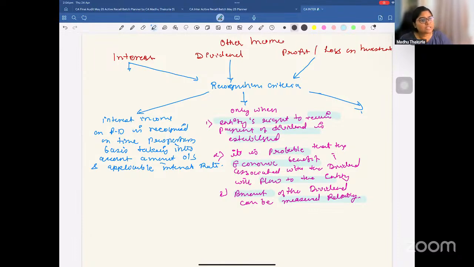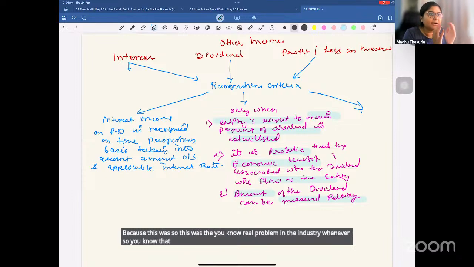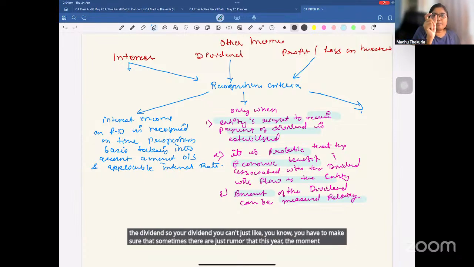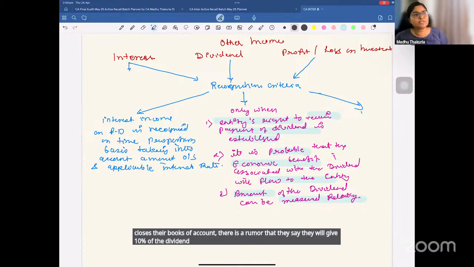Because this was the real problem in the industry. Whenever a dividend needs to be declared in a general meeting, the moment a dividend is declared does not mean people will receive it. Sometimes there is a rumor, the moment the entity closes their books of account, that this year they will give 10% dividend, or 12%.